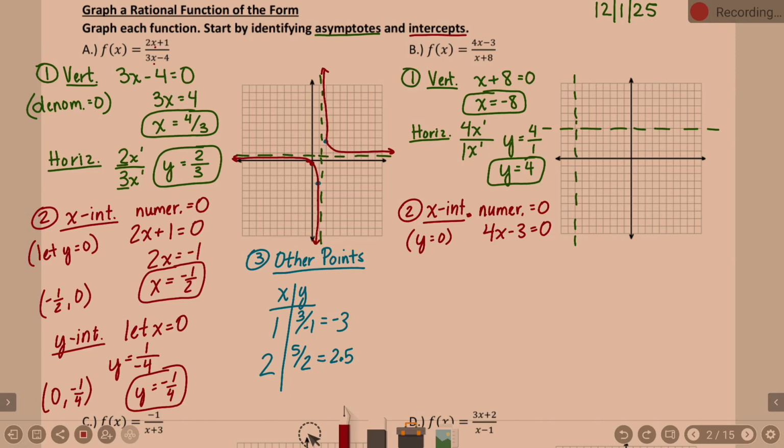Add 3 to the other side. 4x equals 3. Divide by 4. X equals 3/4. So that's an x-intercept at 3/4. If you want an ordered pair, it's 3/4 comma 0. So from the origin, I'm going to go right 3/4, up or down 0.